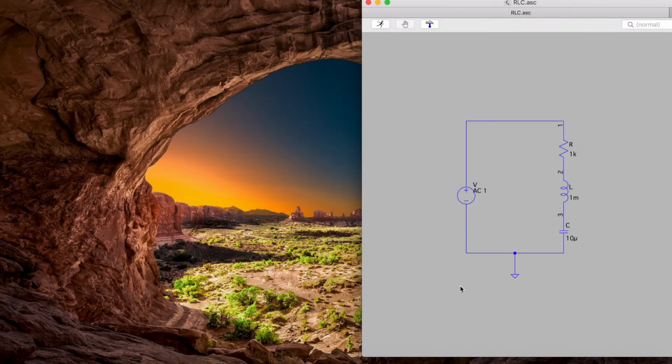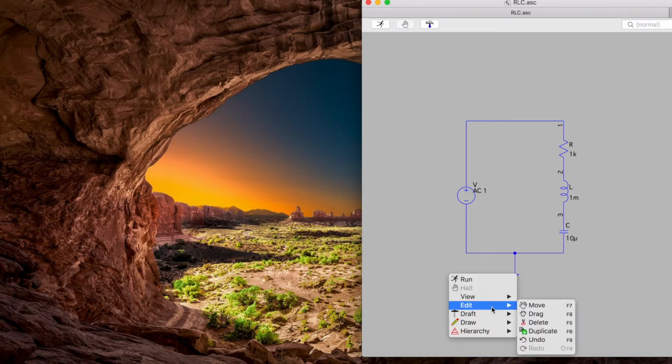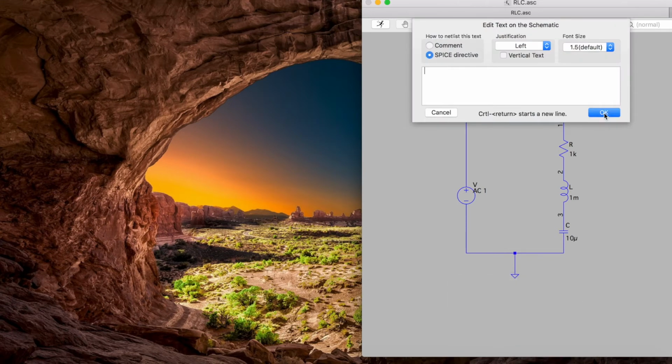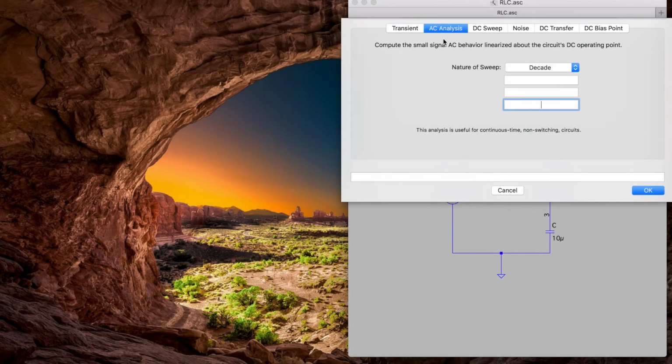Now we have to configure the SPICE directive. Right-click, Edit Simulation Command, and select AC analysis.